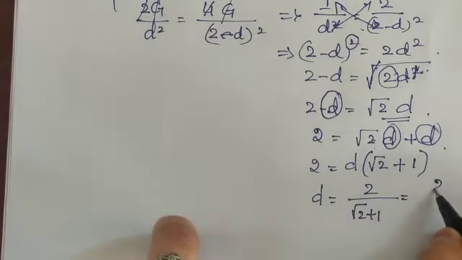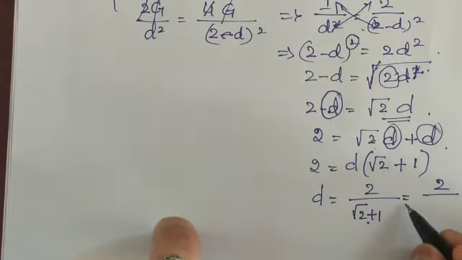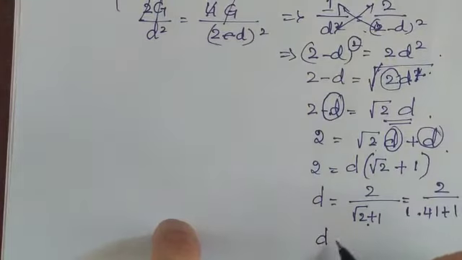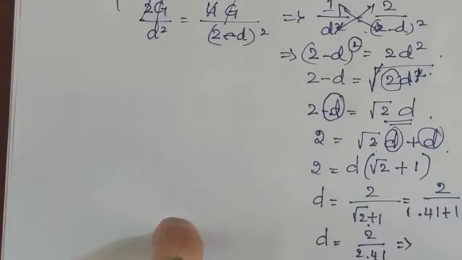Root 2 value is 1.41, plus 1 means it is 2.41. So 2 divided by 2.41 is nothing but 0.82 meters.